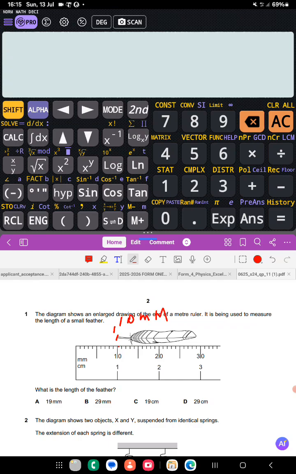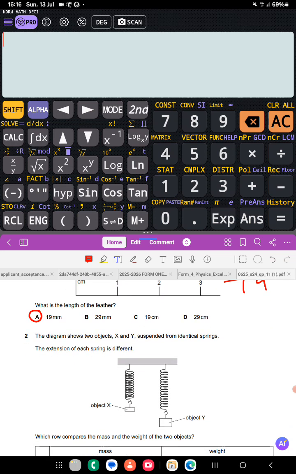And over here, this is roughly 29 millimeters. That means the length is going to be 29 subtract 10, which is 19. So 19 means the correct option is A. That's the length of the bird feather.